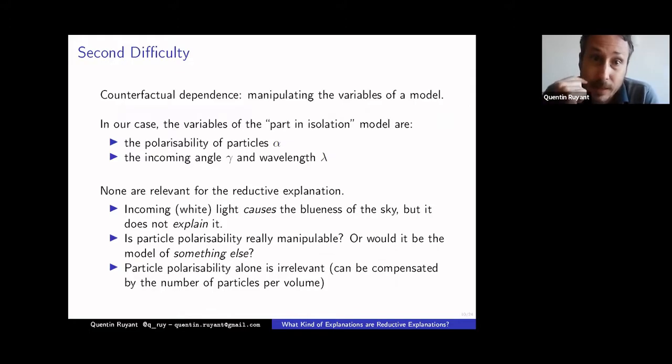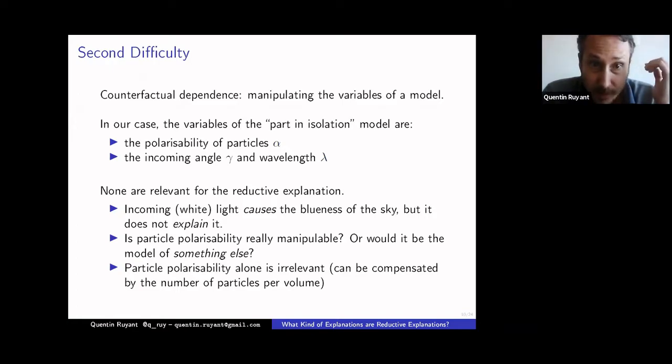So the idea of counterfactual dependence is that we could manipulate the variables of a model and change the phenomena to be explained. And then we have the counterfactual: if things were different, then the sky would not be blue. So the fact that things are this way explains that the sky is blue.